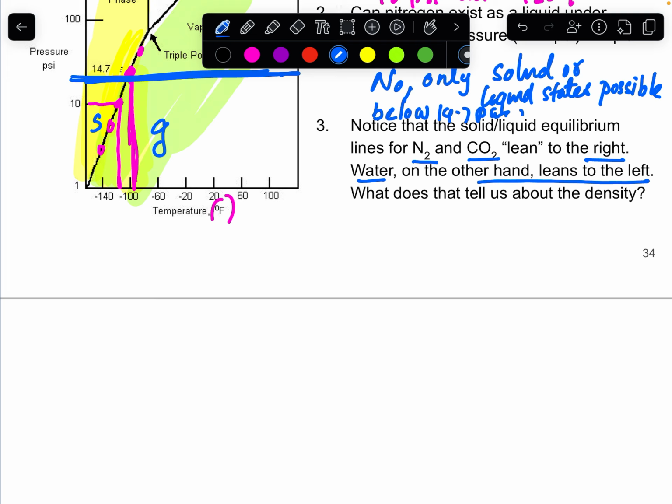Normally we know that when a solid converts into liquid, the solid will have higher density because the particles are packed very close together, and liquids will have lower density.